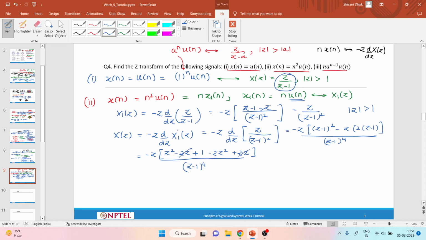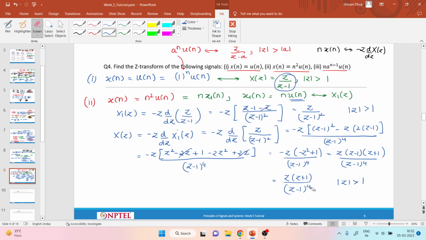These terms get cancelled, and this is equal to minus z into minus z square plus 1 upon z minus 1 to the power 4, which is equal to z into z minus 1 into z plus 1 upon z minus 1 to the power 4, which is equal to z into z plus 1 whole divided by z minus 1 to the power 3.